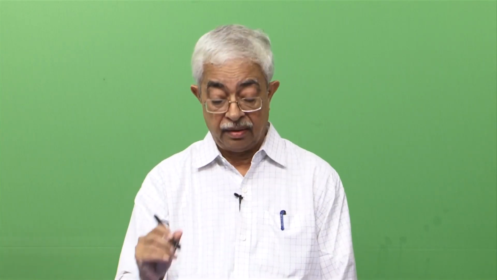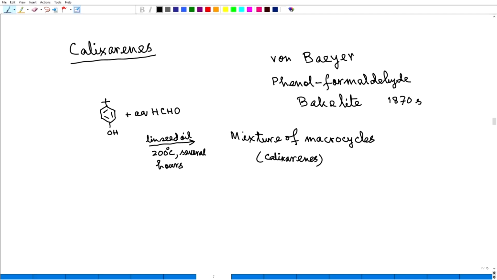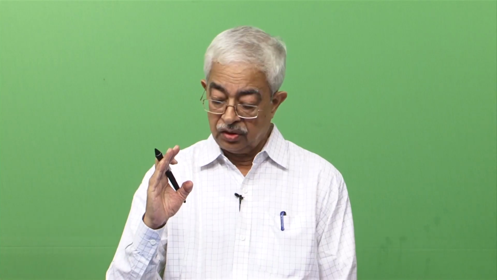Our desired compound we can get only with para substituted phenol and aqueous formaldehyde in linseed oil at 200 degrees centigrade for several hours, we reflux it, and finally we get these macrocycles, or calixarenes.